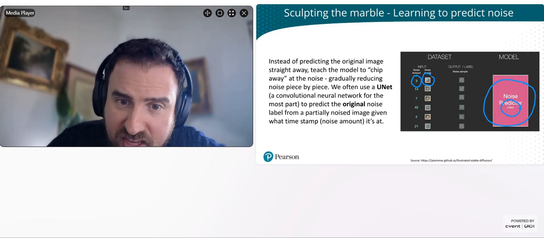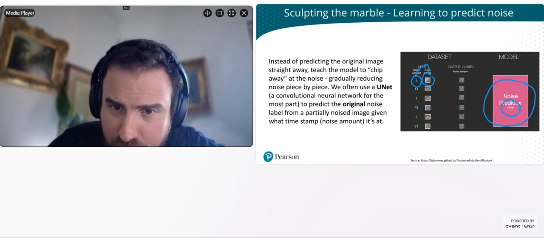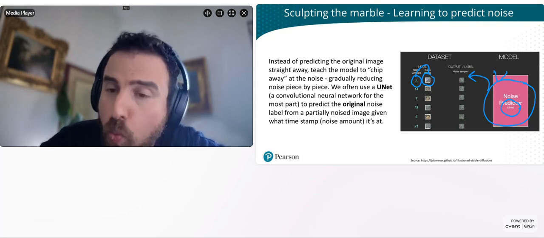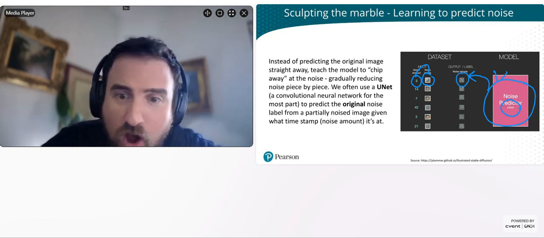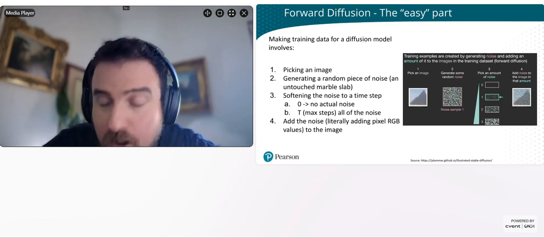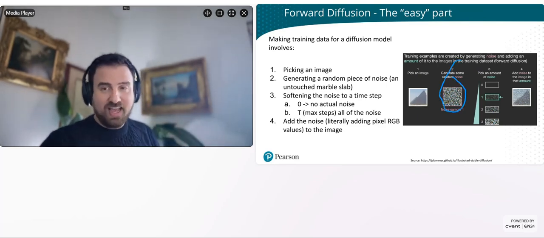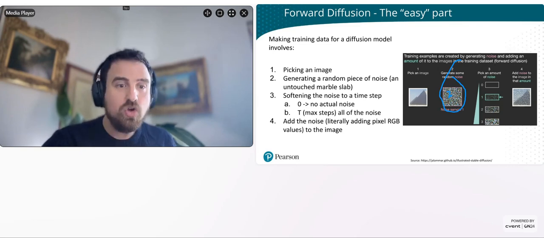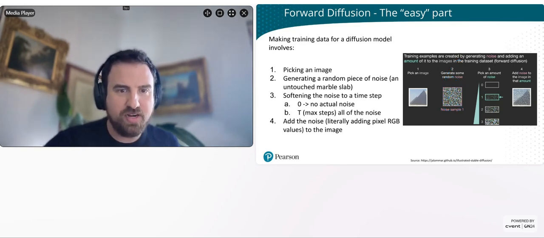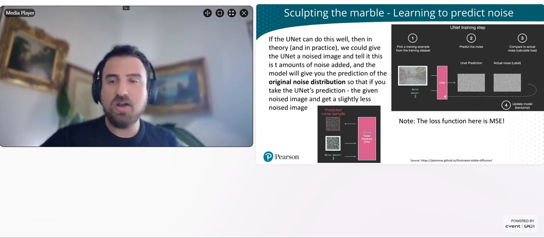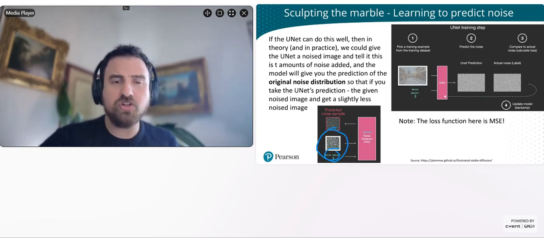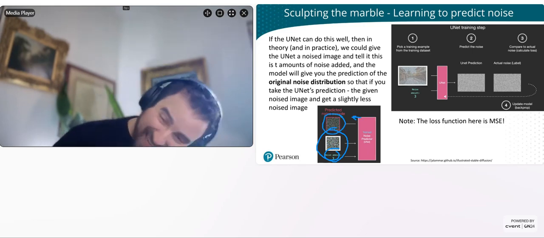And if these two are the input, the output is what was the original noise? What did it look like? Meaning you're trying to predict this thing. But we know what that answer is. Our training data knows what the original amount of noise was. So in theory, we can train a UNet predictor to take in a noised image and an amount of noise, and it will output the original noise used to make the slightly noisy image.